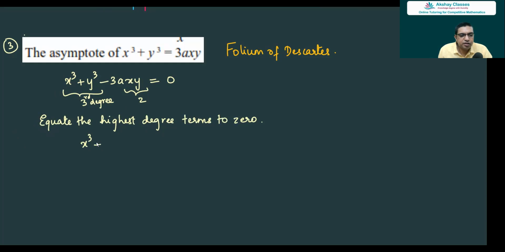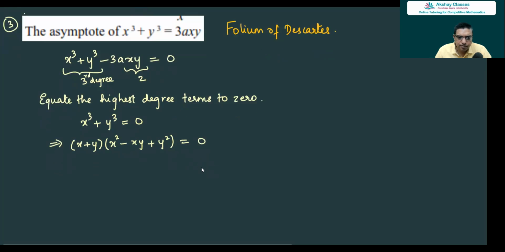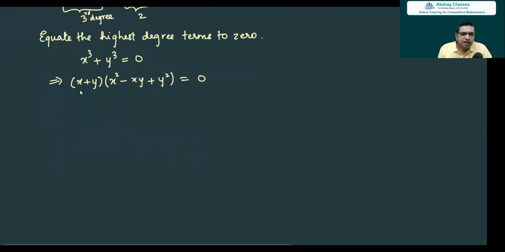So we get x cube plus y cube equal to 0. Now we have to factorize. We get x plus y into x square minus xy plus y square as the two factors. Now we get one linear factor, one non-linear irreducible factor. We cannot reduce this. We can try, it cannot be reduced. The discriminant for this quadratic will be negative, so it cannot be factorized. So it doesn't have real factors.